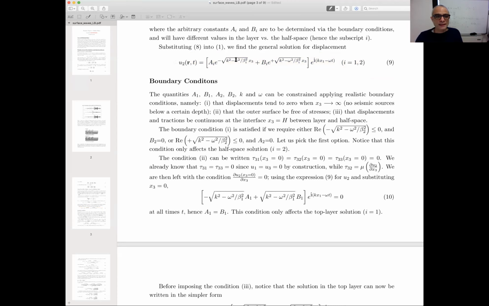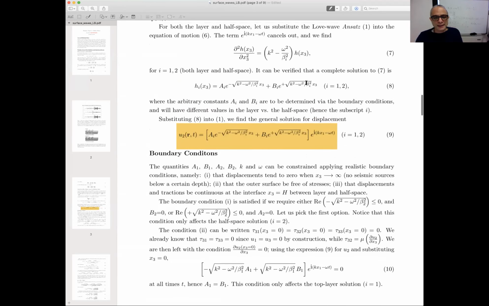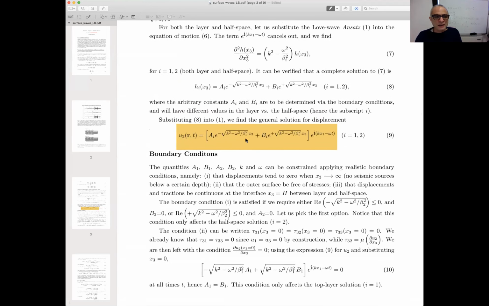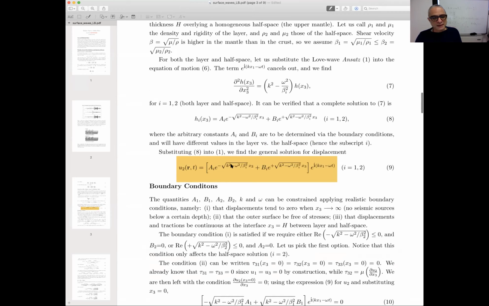In principle, I could also have stopped here, and I could have said, okay, well, this satisfies the Navier equation, and so we are good. But it's not very interesting, right? You want to make sure that you satisfy the boundary conditions, and even more important, you want to see what constraints the boundary condition results in for the surface waves that you expect to observe in the real world.